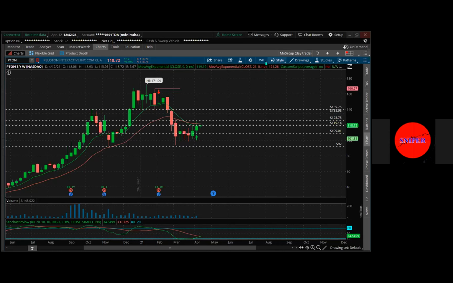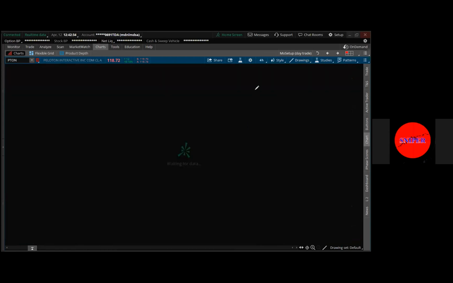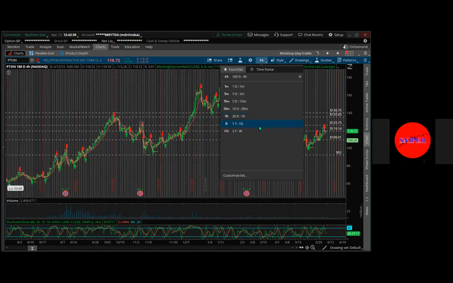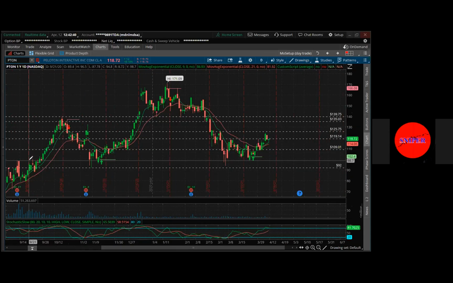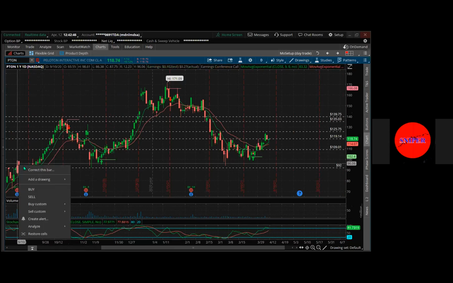All right. Then after you're finished with the weekly and you have the levels that you want, you would move on to the daily time frame. And then you would pick out levels that you missed. So I missed this level right here, these two red candles. That's 98.61.